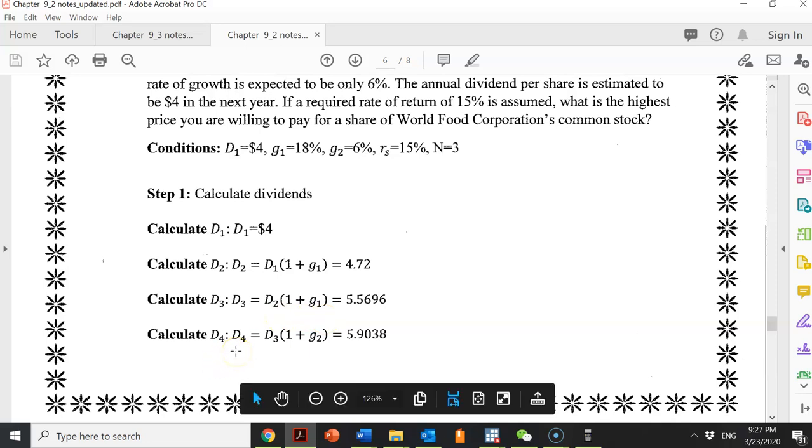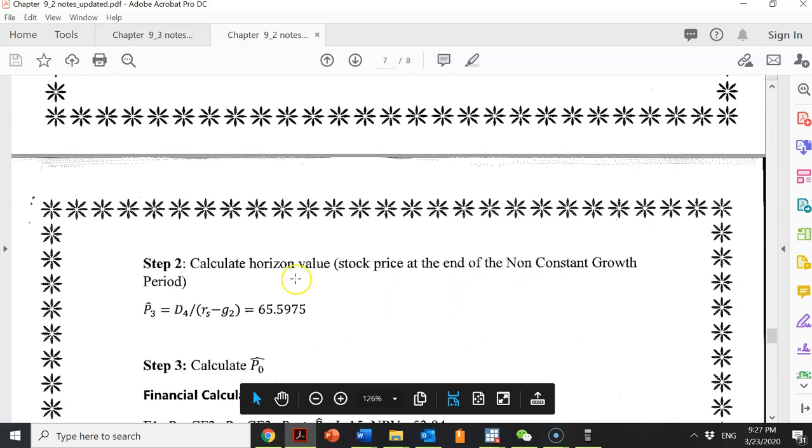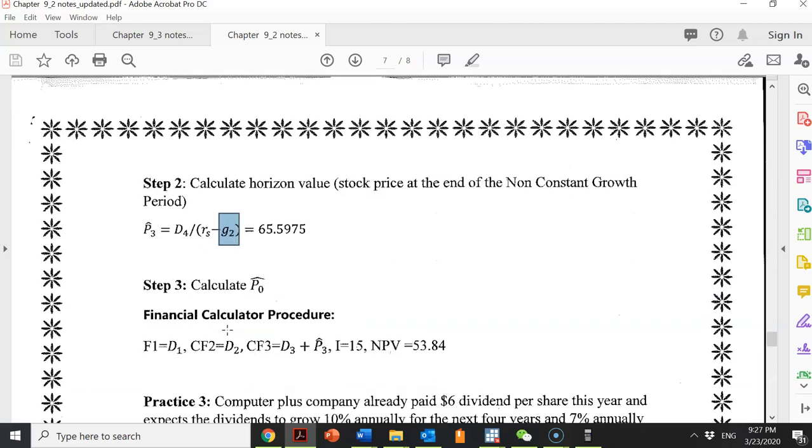D4 is different because it's in the second stage, so we use D3 multiplied by 1 plus G2. D1 to D3 use G1, and D4 in the second stage uses G2. Horizon value P3 equals D4 over RS minus G2. Again, it's in the second stage, so we use G2.